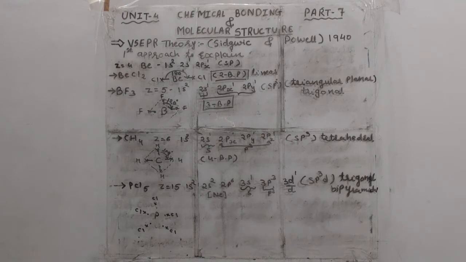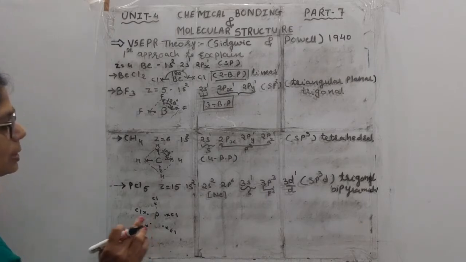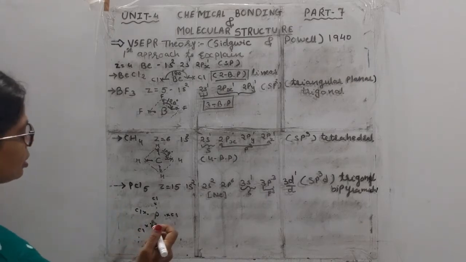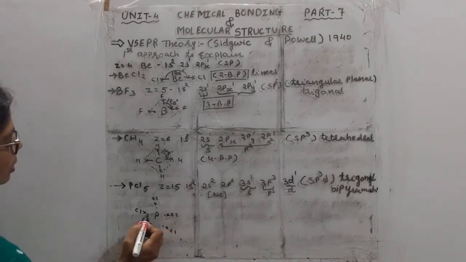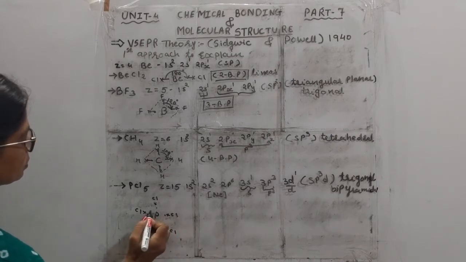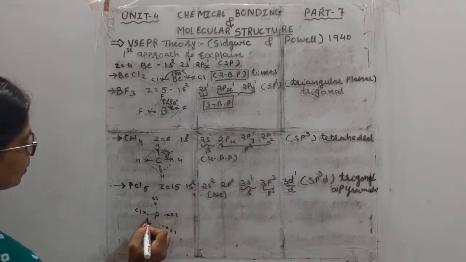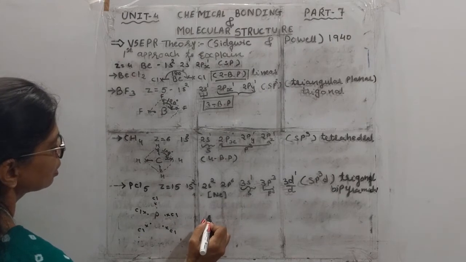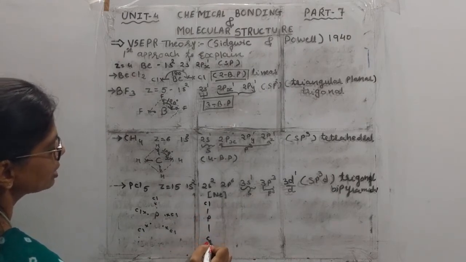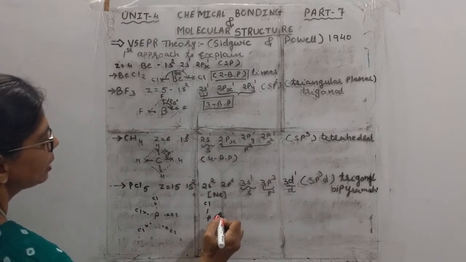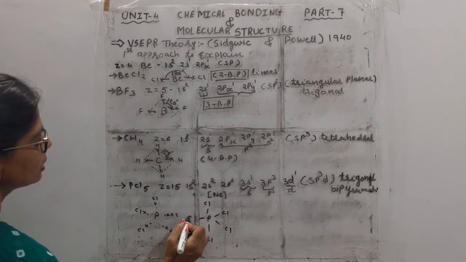But which one is the correct exact structure? Suppose in place of this chlorine, I keep the chlorine in such a manner, and Cl, Cl and Cl.